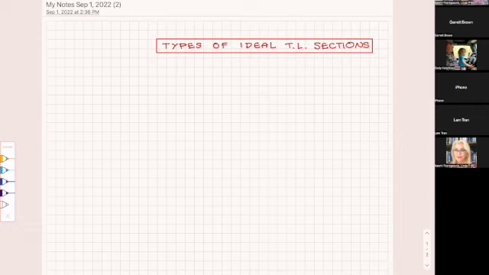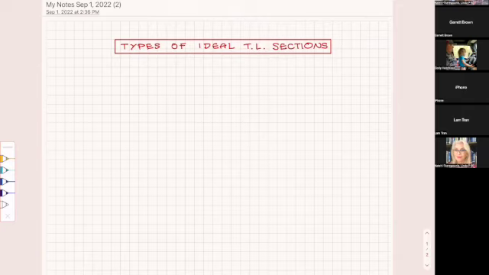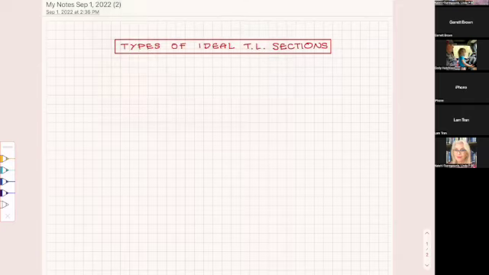All right, so first is a quarter wave transmission line.